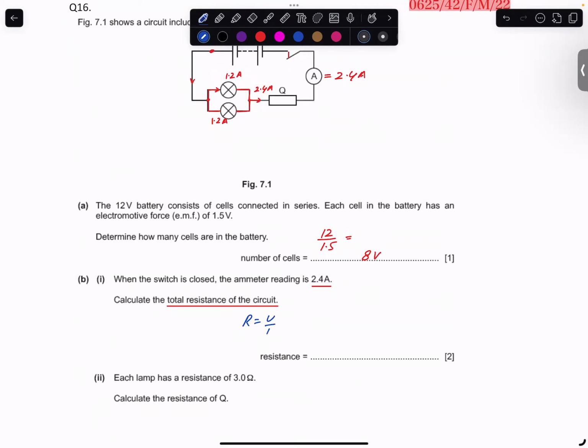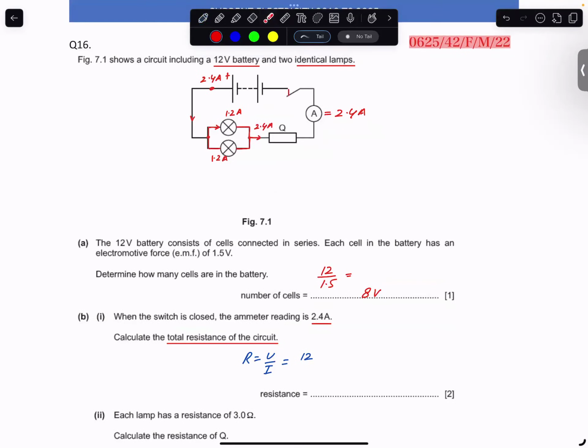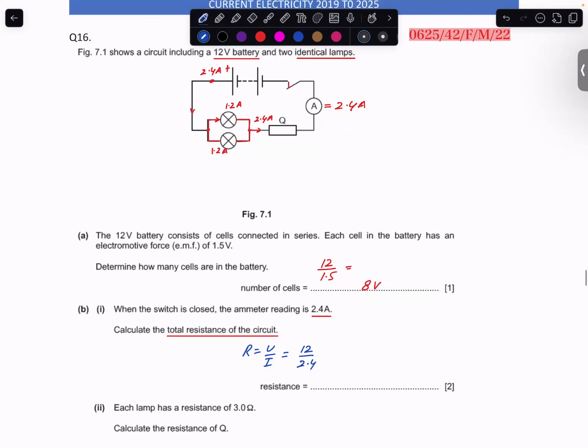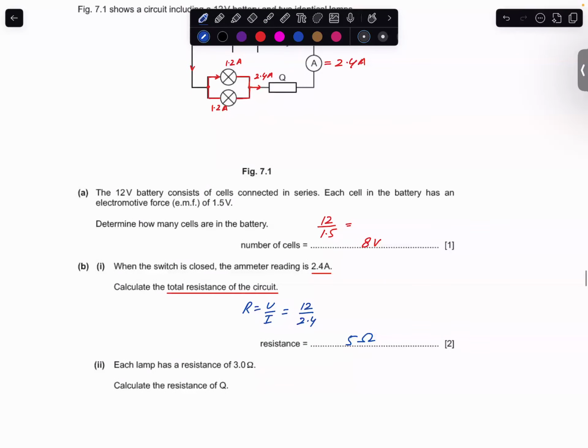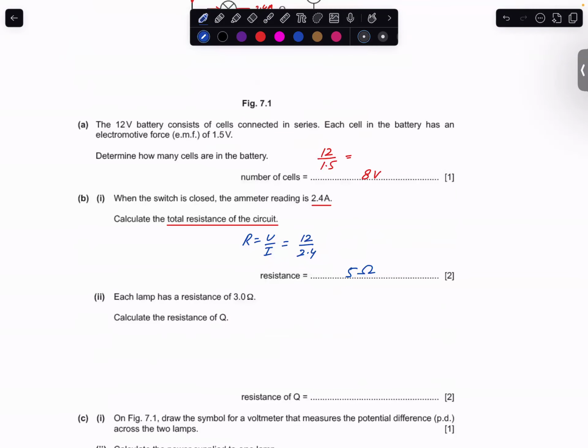R is equal to V divided by I, and V is given, that is 12, and the current in the circuit is 2.4. So 12 divided by 2.4, and the answer I will get is 5 ohm. This is the total resistance of the circuit.